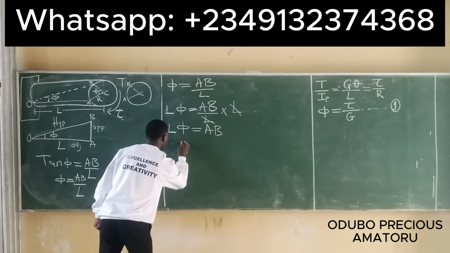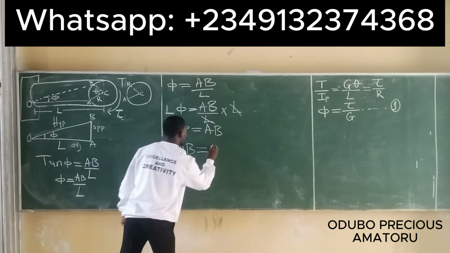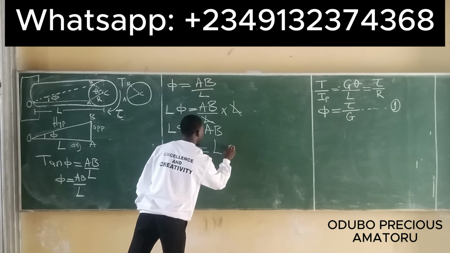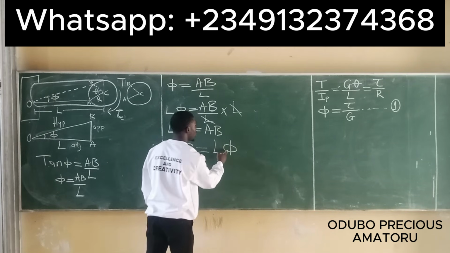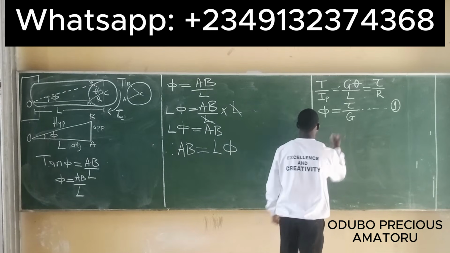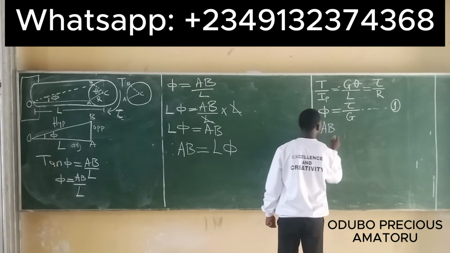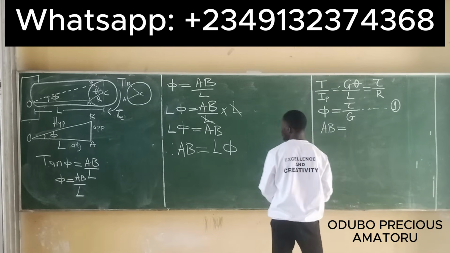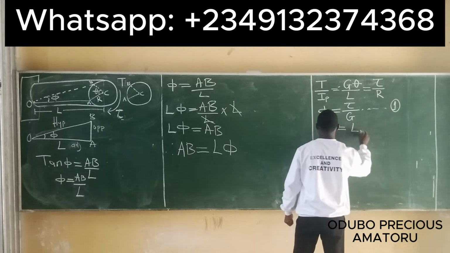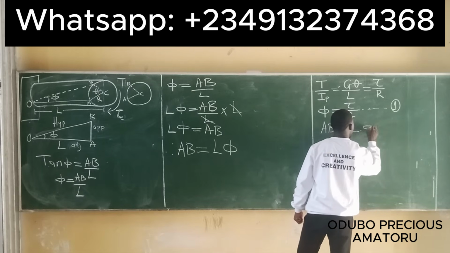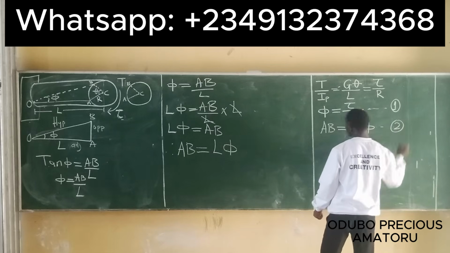Therefore, AB is equal to the length of the shaft multiplied by the shear strain. So let's call this our equation 2. I'm just going to put it here.